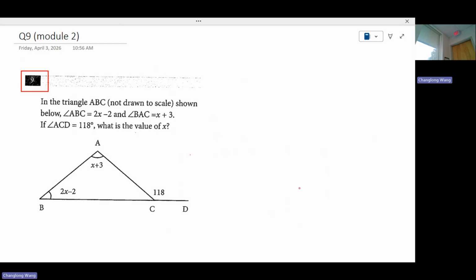Was there a theorem talking about how the exterior angle is related to something? So those two angles add up to be that exterior angle, right? So yes, I guess that's called the exterior angle theorem or whatever. The exterior angle is equal to the sum of the two non-adjacent angles.